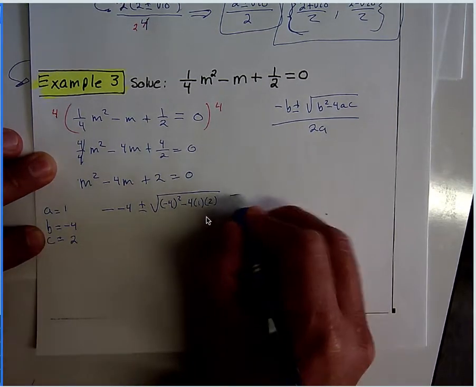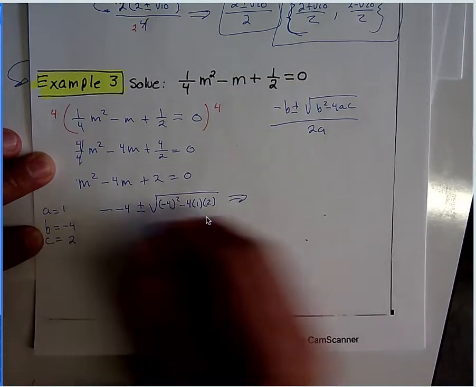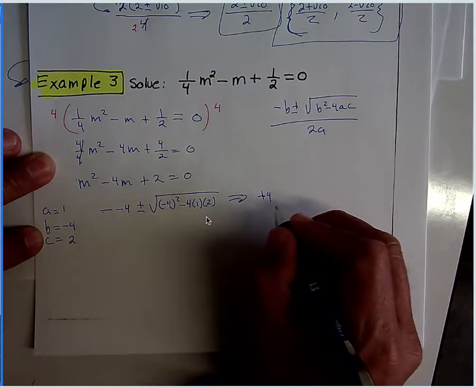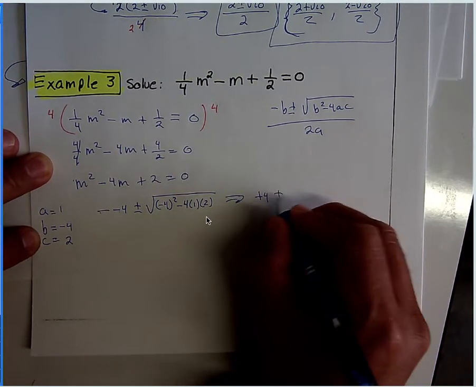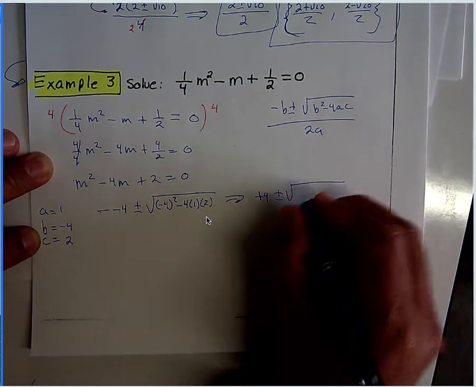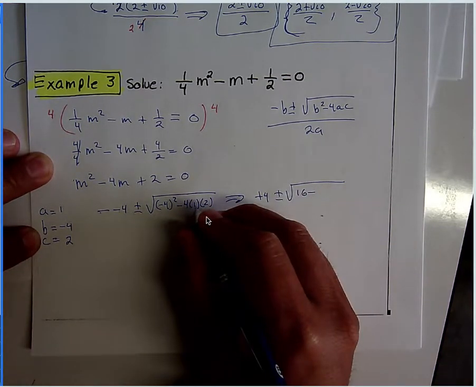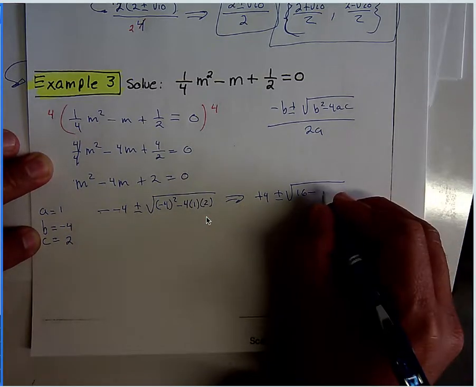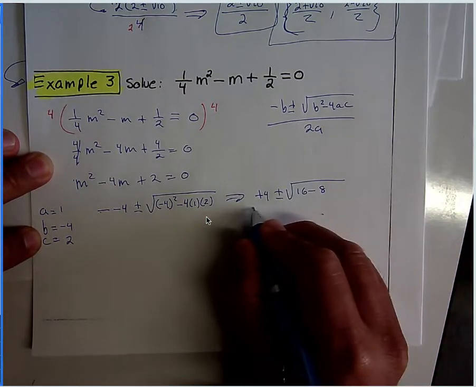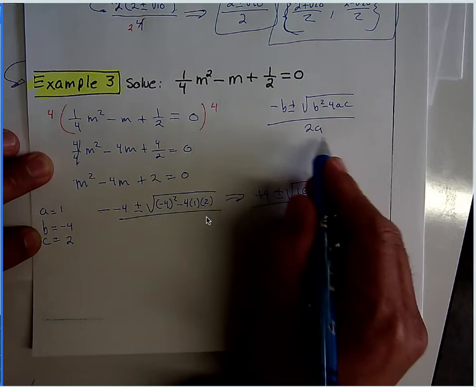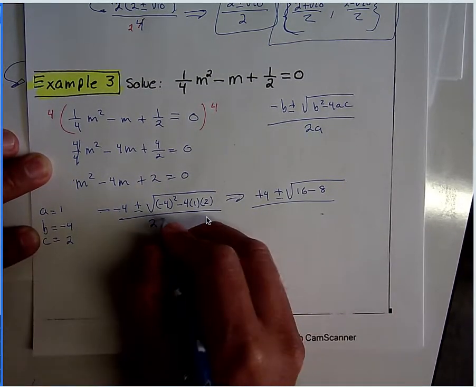So let's go this way. So negative becomes a +4. You don't have to put the positive, just put it there so that you see. 4 squared is 16 minus 4 times 1 times 2, 8. Over, I forgot the over. 2 times a, which is 1.